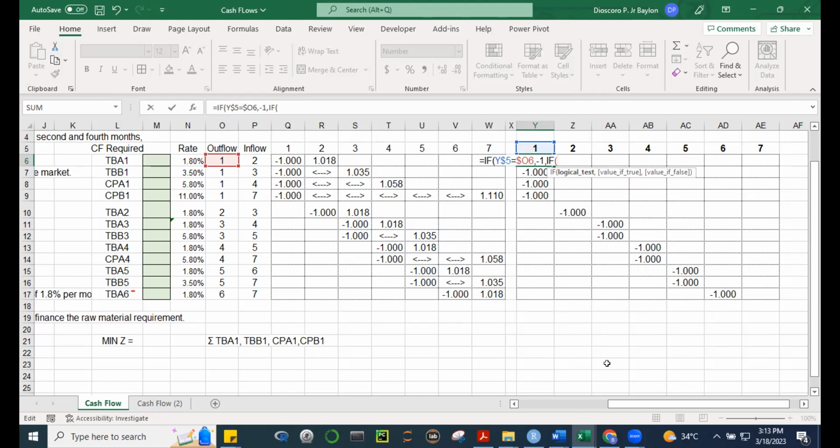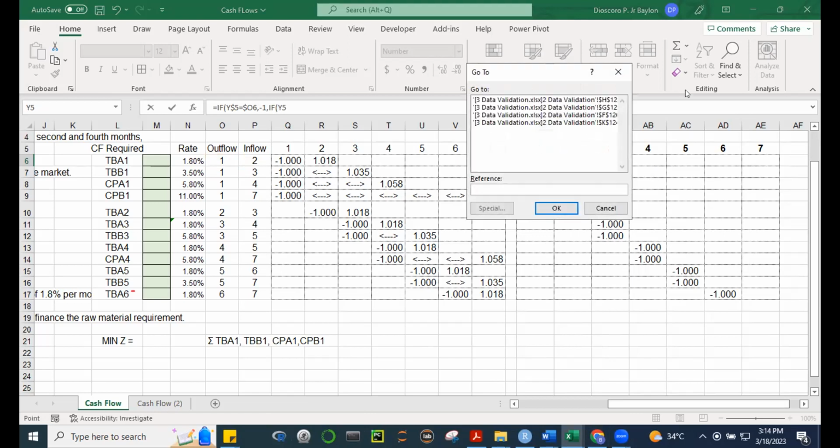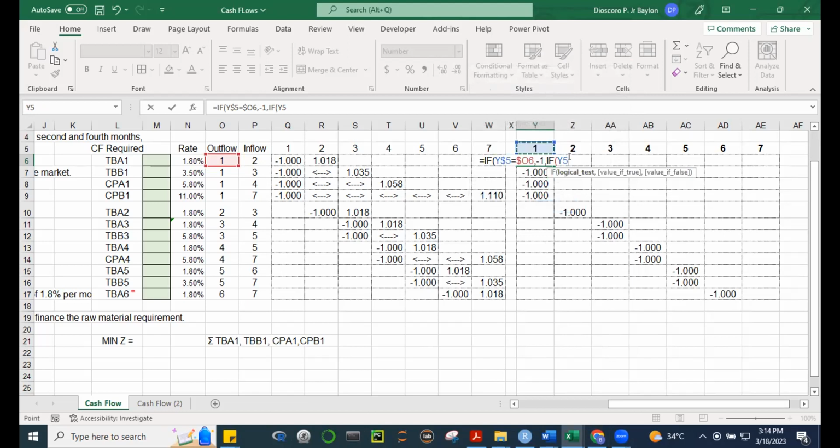So what do we then check, class? When will it be an inflow? It will be an inflow if we compare the month with this one. So again, we fix row 5, F4. If Y5 is equal to, this time, P6.